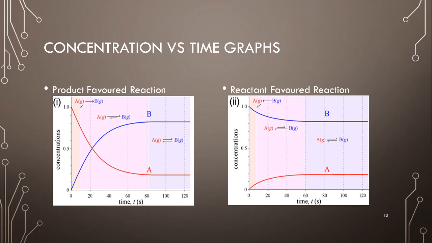Okay. Put this into some perspective. What's the reaction that you know which happens almost spontaneously? Something that you mix and just react. Salt and water? Dissolving? Maybe not so much.